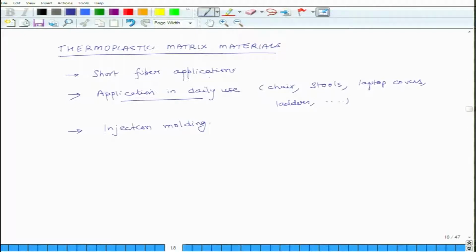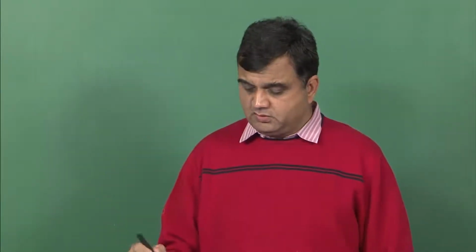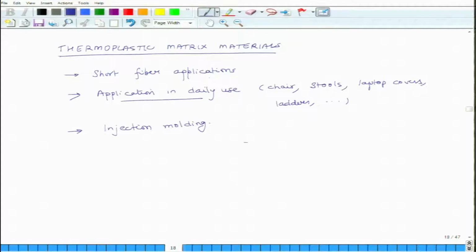So, what you do, suppose you want to make a glass with some plastic. What do you do? You make a mold. This mold will have typically two parts.